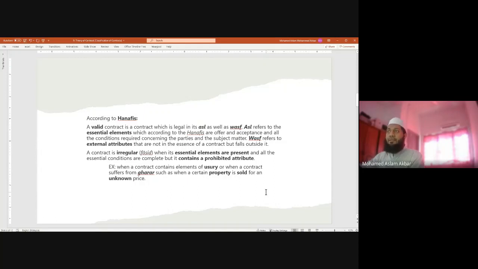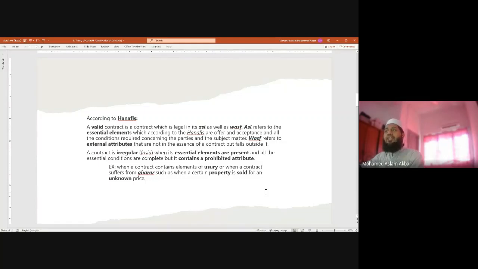For example, you have the subject matter, but you don't know how much the price is. Or maybe you are doing everything completely, but the money involved actually has the element of usury or the element of gharar, uncertainty.